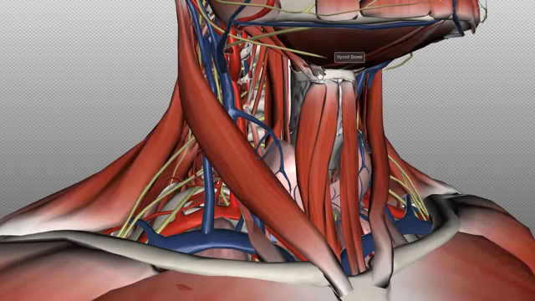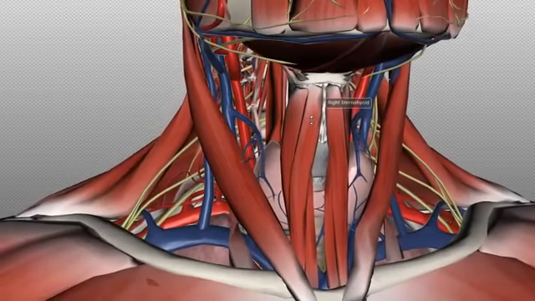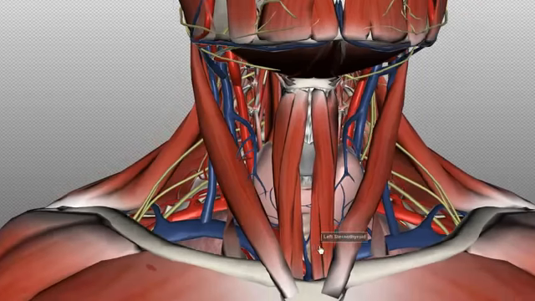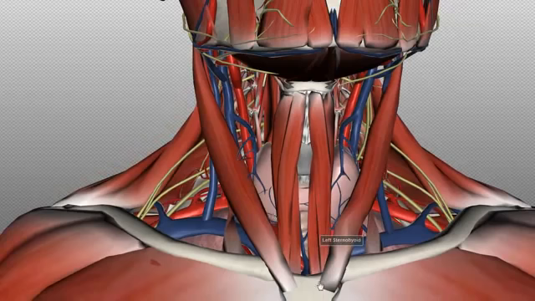Muscles above it are called the suprahyoid muscles, and these run in the anterior triangle, and you've got muscles below the hyoid bone, the infrahyoid muscles. These infrahyoid muscles are also called strap muscles because of their appearance. I guess they look like a strap.